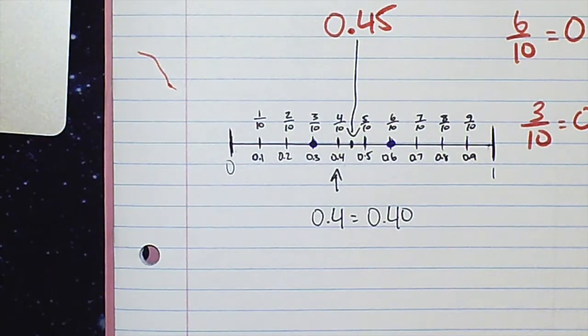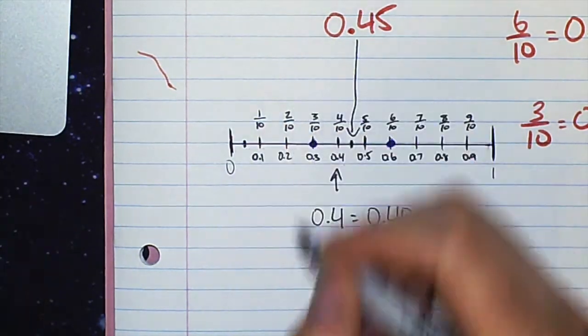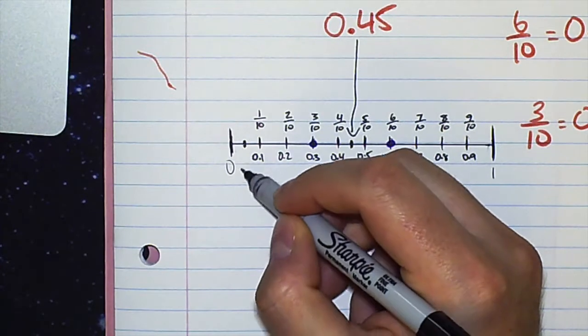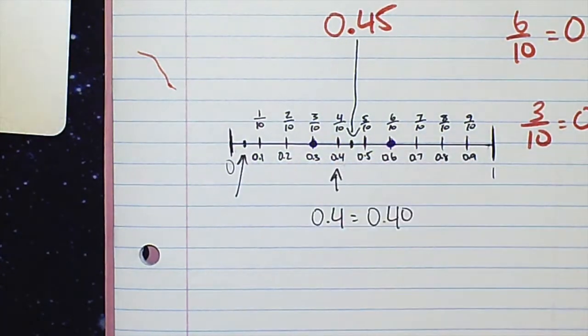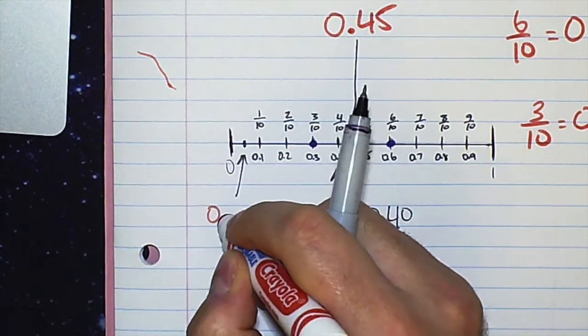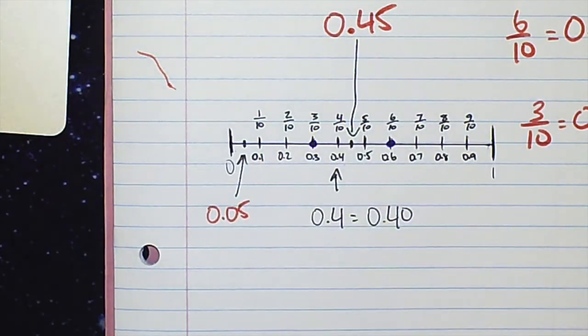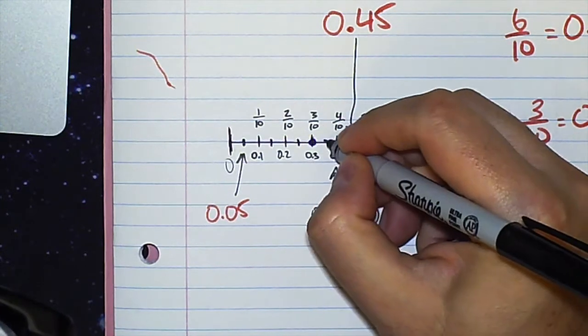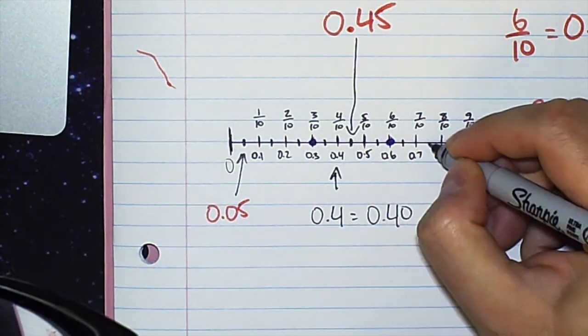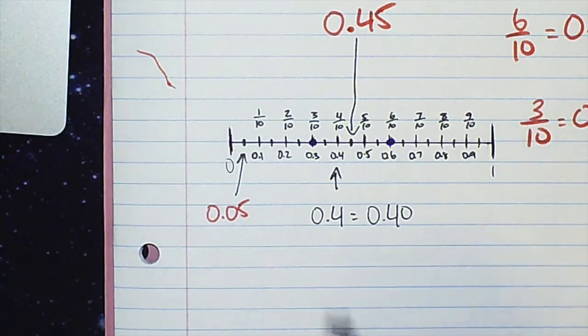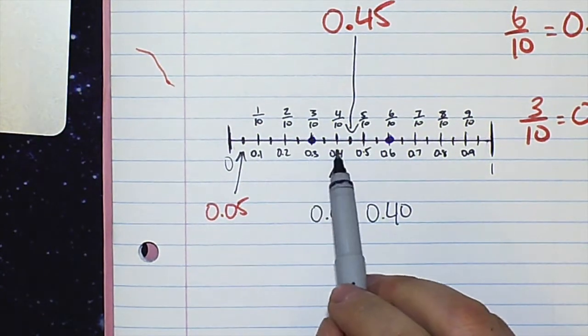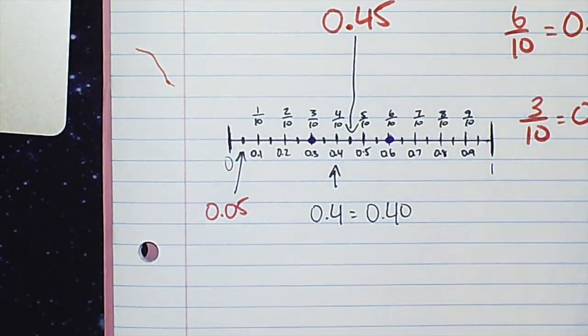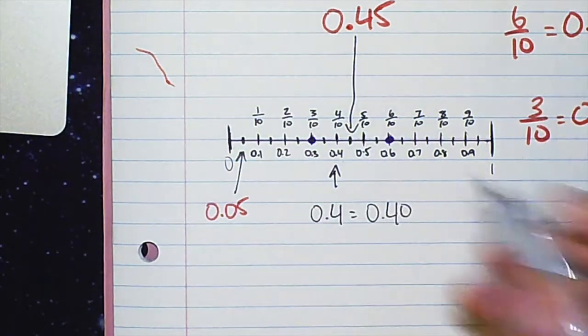So I'm going to backtrack a little bit and show you right at the beginning of the number line over here. This number right here is 0.05. And if I were to label everything here, all the little dashes in the middle are 0.05s added to these numbers.